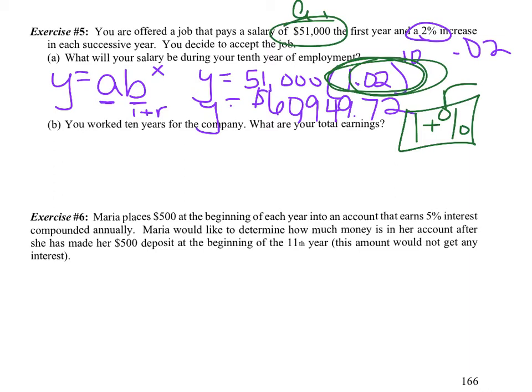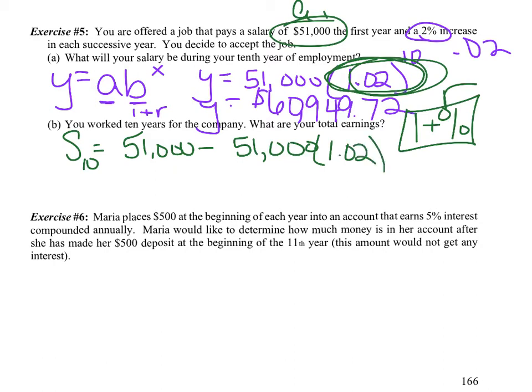Okay, so let's plug in here. So I need to find S to the 10th year. So I'm going to take my 51,000, and I'm just looking at the formula on the first page, minus 51,000 times 1.02 to the power of 10, all over 1 minus 1.02.